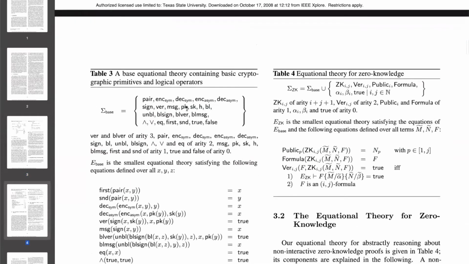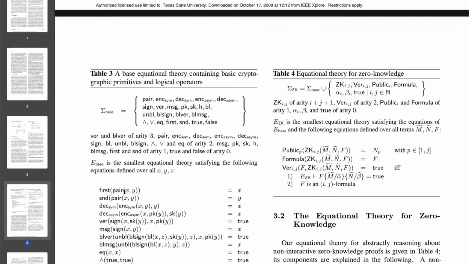So it's divided into 2 bits. All right. So the first bit is sort of some base cryptographic primitives. So they have pairing, they have symmetric and asymmetric encryption. So pairing is exactly as you expect, right?